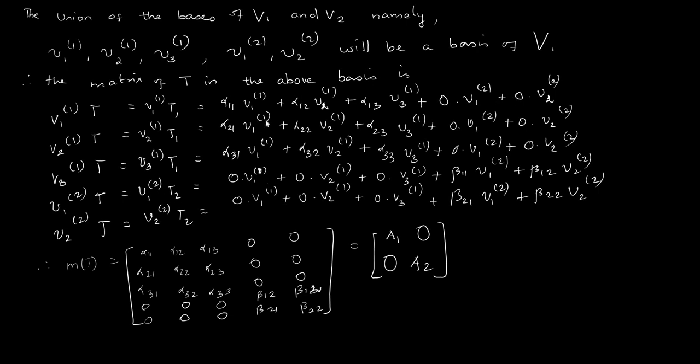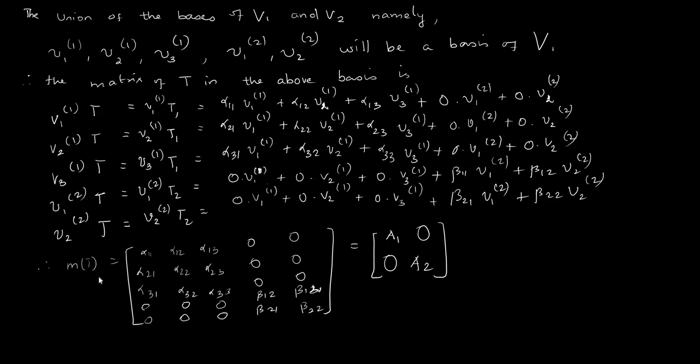And similarly for the next one, this is a member of V2. So only T will act on this when it is T2. As far as V2 is concerned, you don't have these, so you have to have 0 0 0. And this one we have already written.